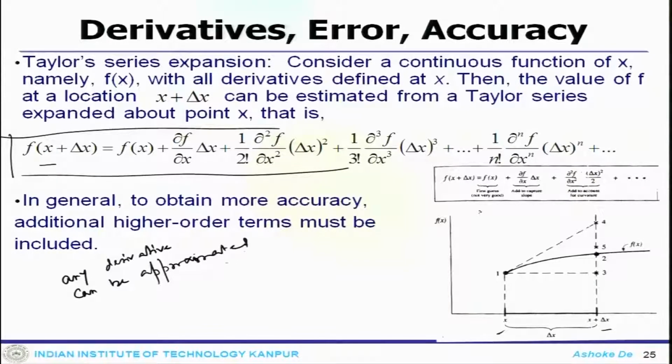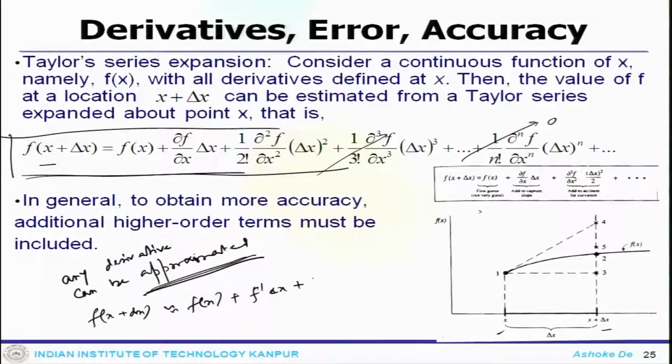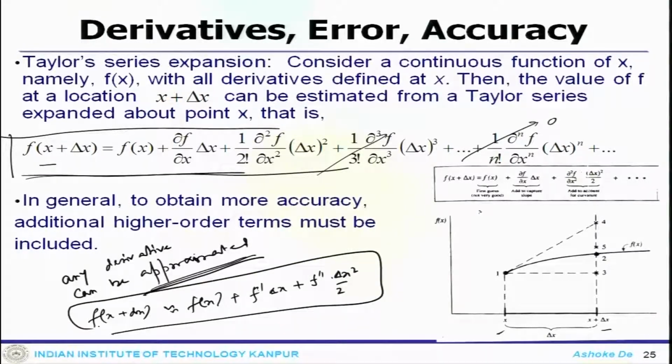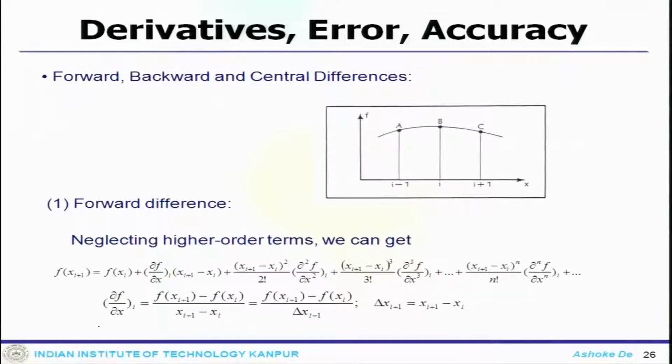So note it, all these terms are not equal, they are approximated, because as soon as you drop certain terms in the system, it is only an approximation. So if I write f of x plus dx equivalent to f x plus f prime delta x plus f double prime delta x square by 2, like that, this is an approximation, this is not equal, and then you can find the different derivatives.